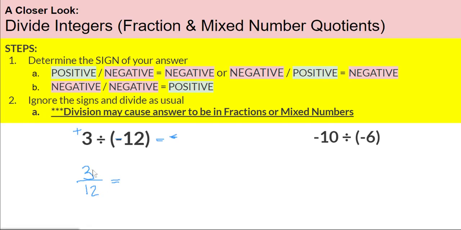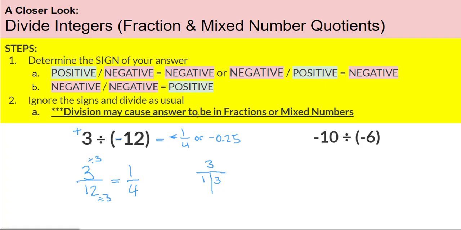What number can you divide into 3 and 12? Let me do the shortcut way. Let's find the greatest common factor. The only way I can get 3 is 1 and 3. I can't really do much with 1, but can I divide 12 by 3? Absolutely. So we'll divide both of them by 3, and then I'll get 1/4. So my answer is -1/4. Or if we put this as a decimal, it's -0.25. If we did 1 divided by 4, it gives us 0.25.